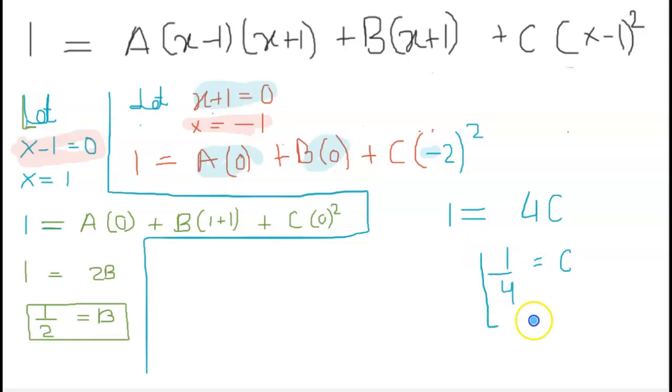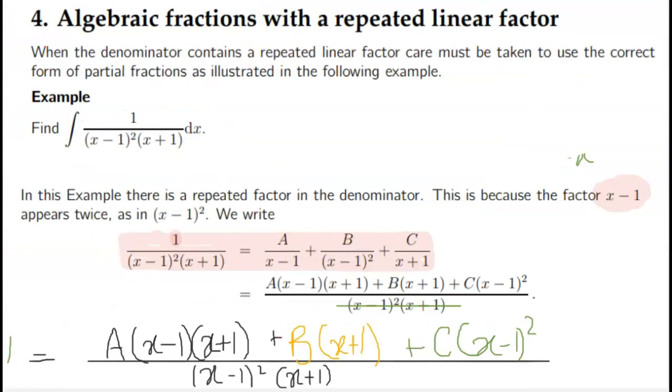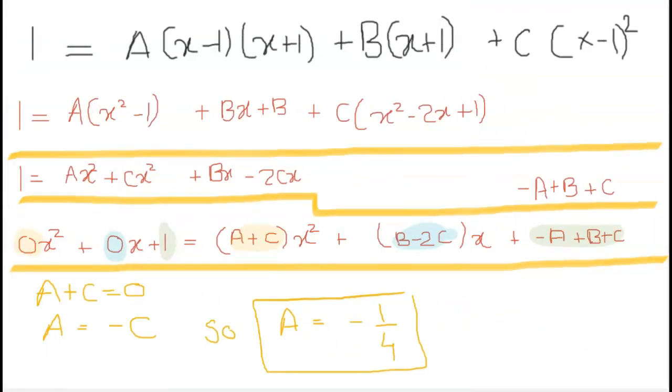Now I got the answer for c and the answer for b. There is no way I can get an answer for a because that automatically turns 0. So to get an answer for a, I go back to this one, because I got a equals minus c. What was c? 1 over 4. So that would be minus 1 over 4.